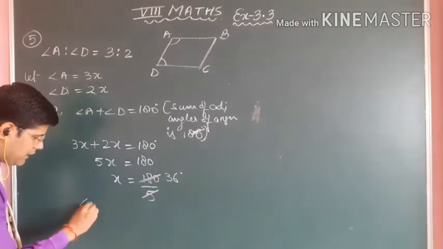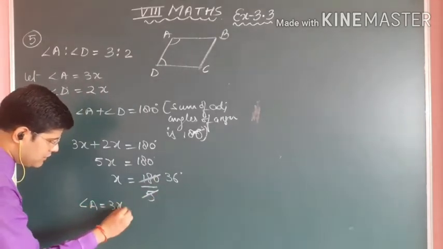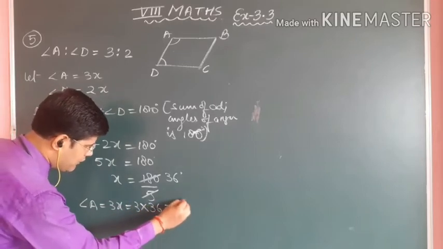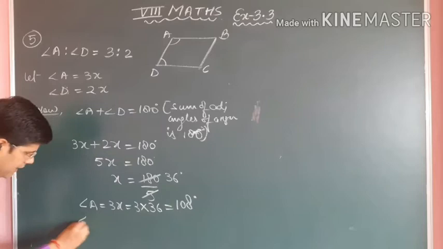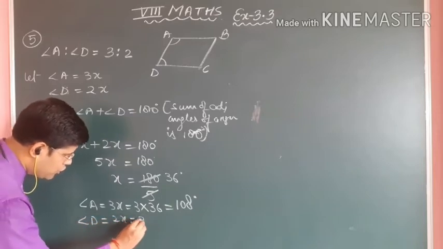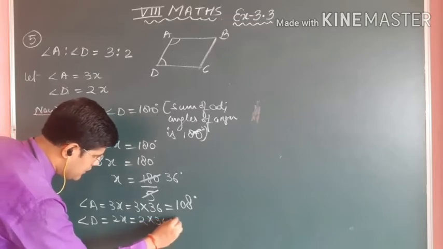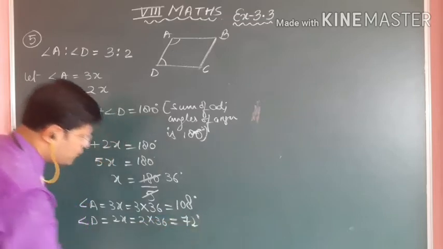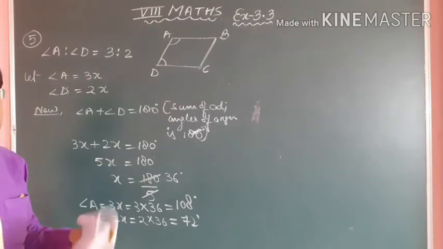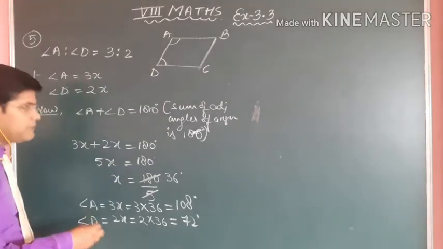So angle A is equal to 3x, which is 3 into 36, is equal to 108, and angle D is equal to 2x, which is 2 into 36, is equal to 72. Here we have found two angles, but it wants each angle. So angle A and angle D are found.